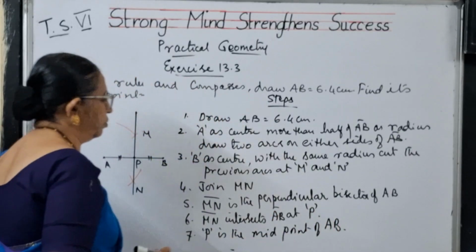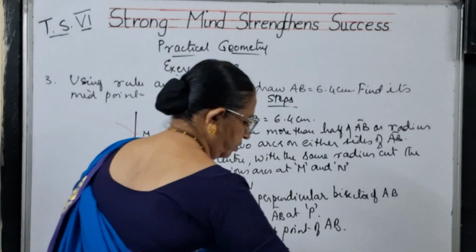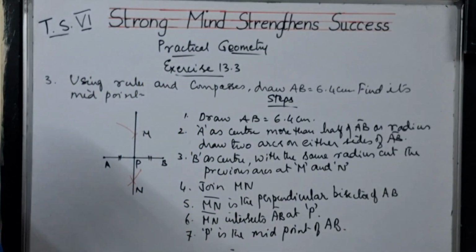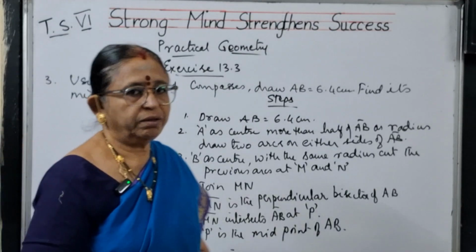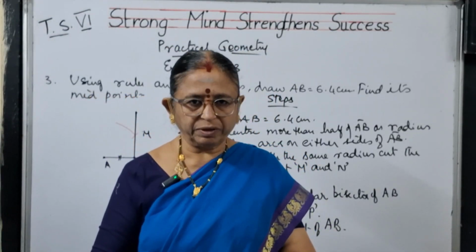This is how you have found out the midpoint of AB, children. These are the steps of construction for this exercise 13.3. This is the last problem, children, in this exercise. Please note it down. With this, I am concluding my part today. In the next class, I will be doing the next part.